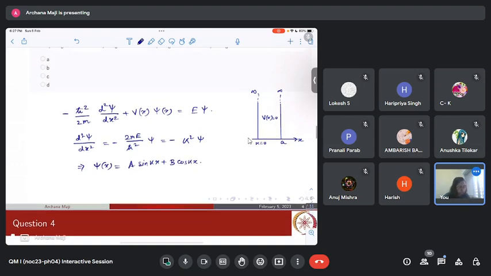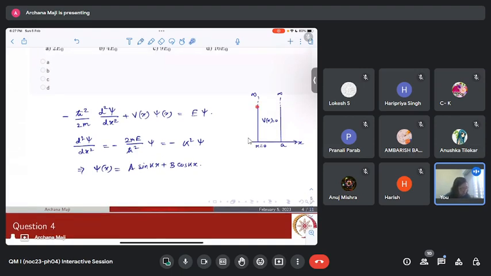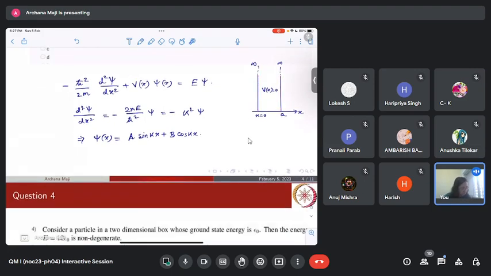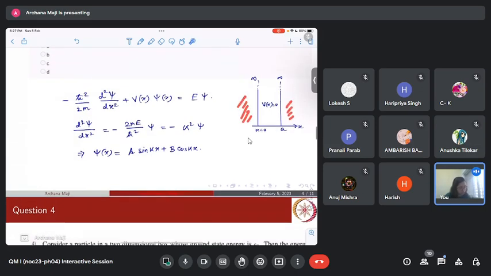But we know the wave function has to be continuous at x equal to 0 and x equal to a. Since the particle can never be in these regions where there is infinite potential, it can never cross these barriers. So the wave function there is always 0. So we need to impose the condition that it should vanish at x equal to 0 as well as at x equal to a. Those are the boundary conditions.